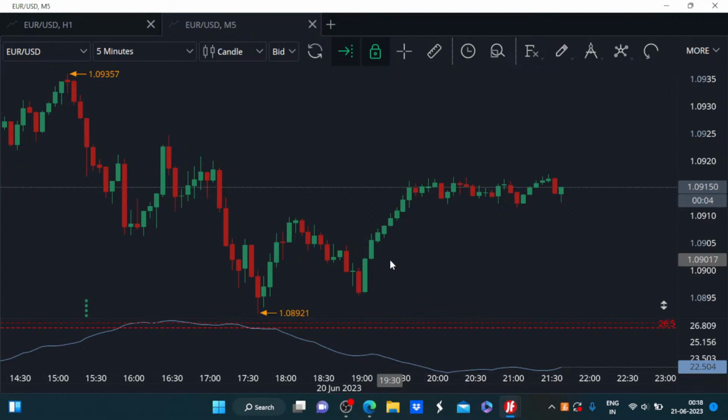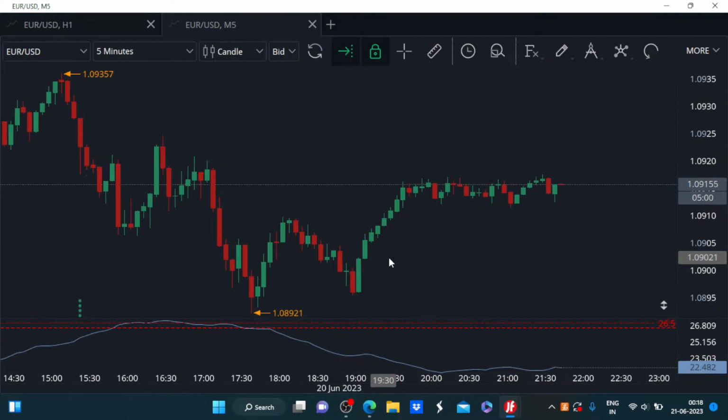underlying instrument. So we can look for possible reversal using this indicator on all sorts of time frames from 1 minute to 5 minutes to hourly to daily.